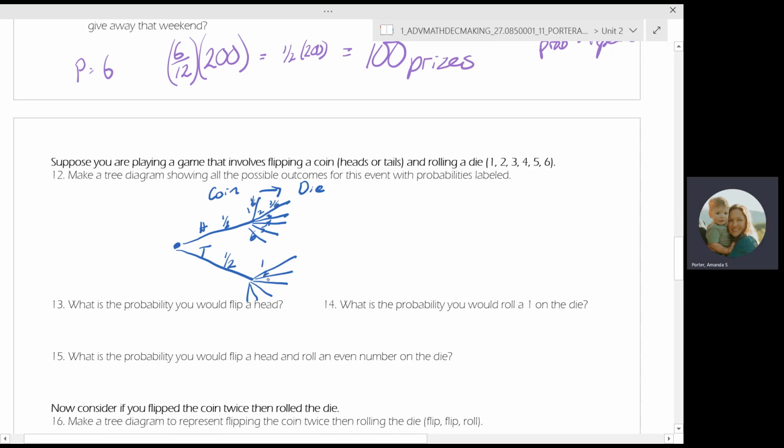We're going to label all of these the same thing, and all of them are 1/6 probability. By the time you get out to the end of any branch, everything's equally weighted. It's very similar to what we did up top. There are 12 outcomes, and they are all equally weighted.